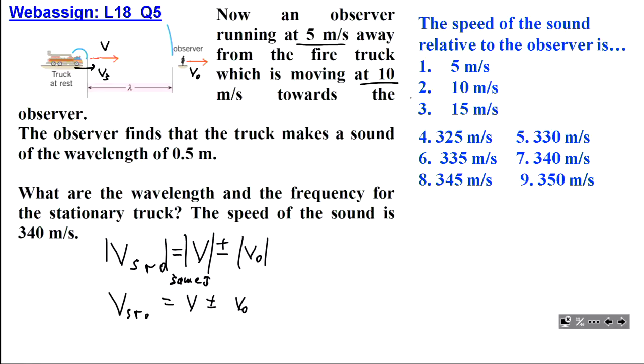When do we choose a plus? We know in the previous problem we did this when they travel closing to each other in opposite directions. Is this the same situation? No. So we cannot choose the plus. So what's left? A minus.